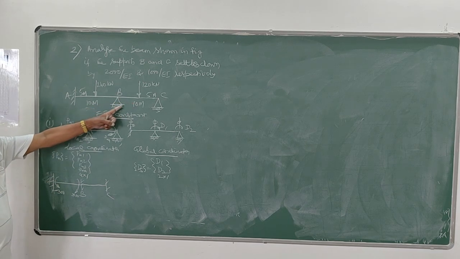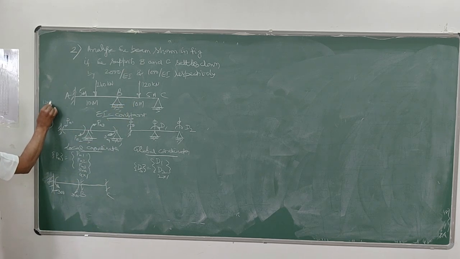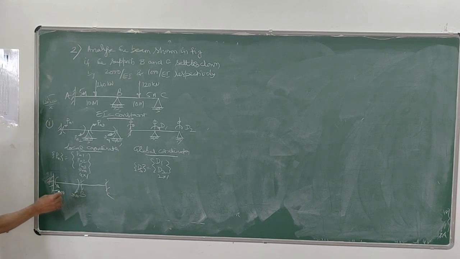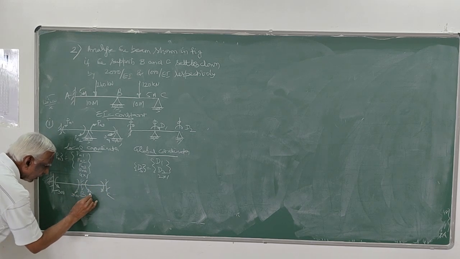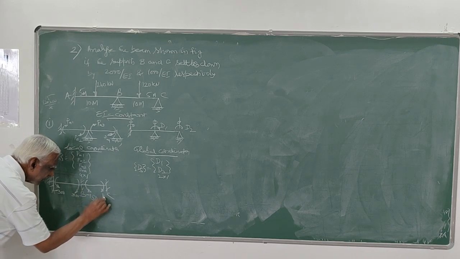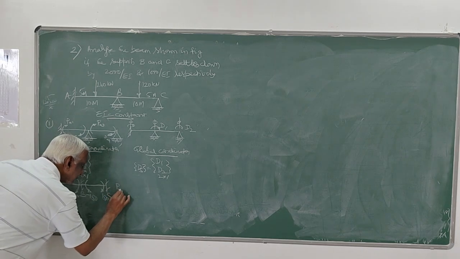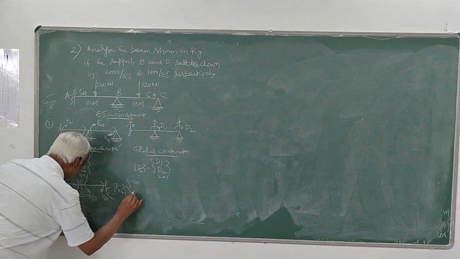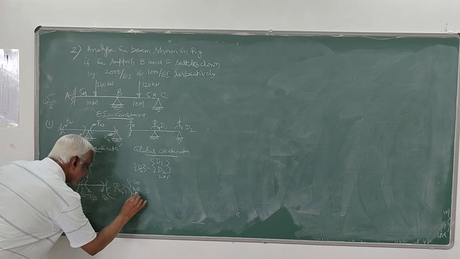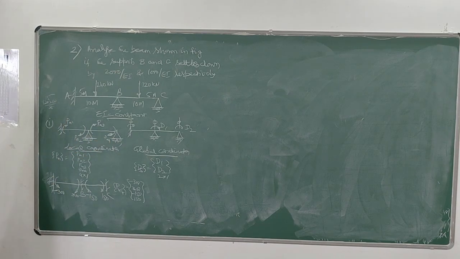Then it is 120 into L by 8 because it is also concentrated. So 120 into 10 by 8, that is 150. This is anti-clockwise, this is clockwise. Minus 150, plus 150. These are PMF. PMF is equal to minus 300, 300, minus 150 and plus 150, corresponding to these local coordinates.